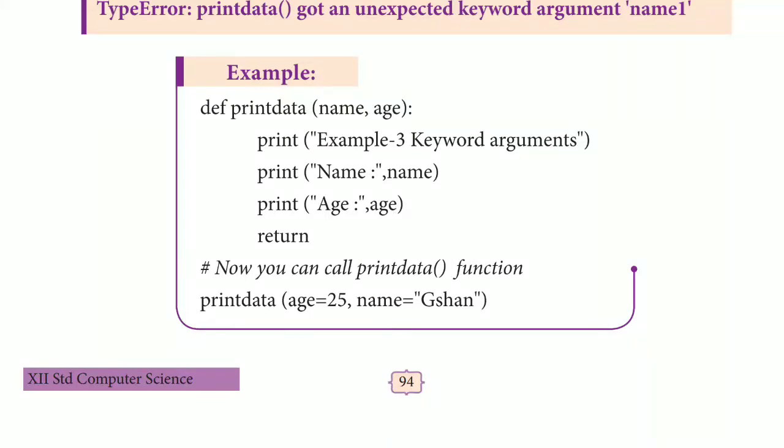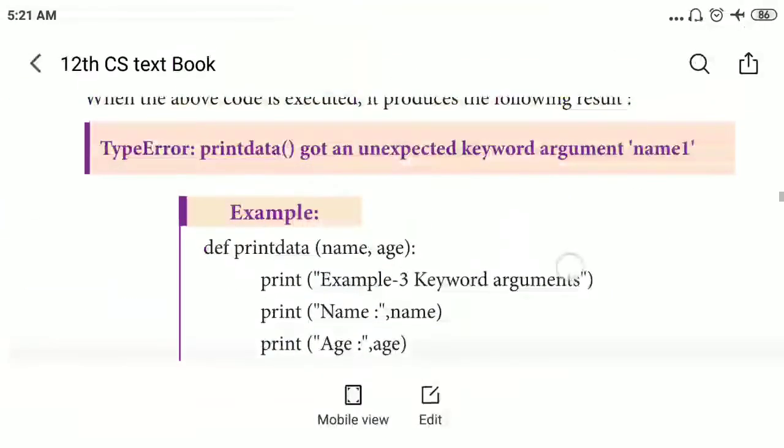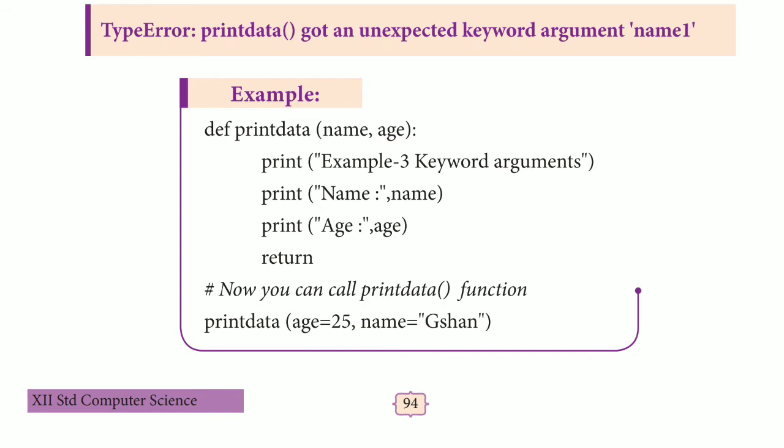Here they have given another example. While defining the function, the order is name, age. But while calling the function, they have used age equal to 25 and name equal to Gshan. They have interchanged the position of the arguments.